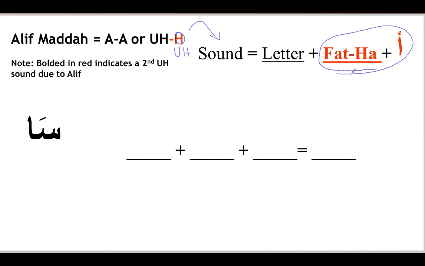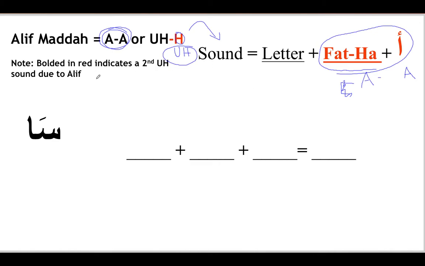The sound of the fatha, we know, makes the uh sound. I'm just going to put A for now. And the sound of the alif also makes the A sound. Putting these two together, the fatha and the alif both make an A sound, so we're going to have two letter A's. Same thing: if fatha makes a uh sound, then the alif is also going to make this uh sound. So you have uh, uh.